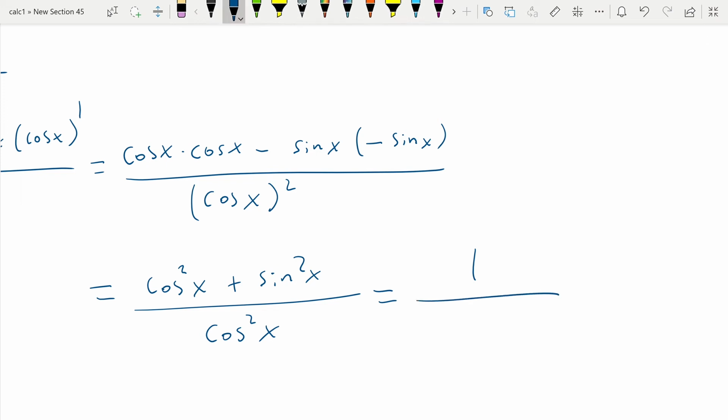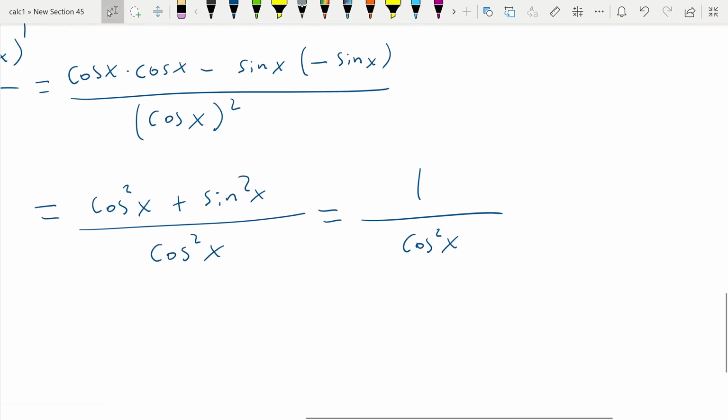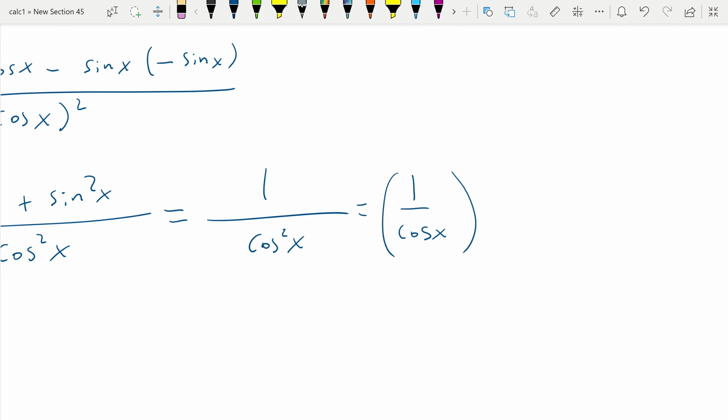Sine squared plus cosine squared of the same angle is always equal to 1. So this becomes 1 over cosine squared, and that is nothing more than 1 over cosine of x, all of that squared, and this is just secant squared of x.